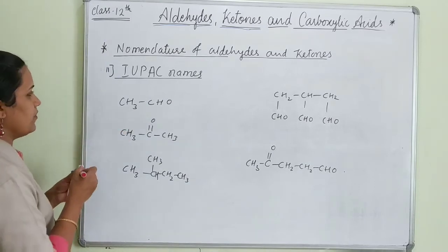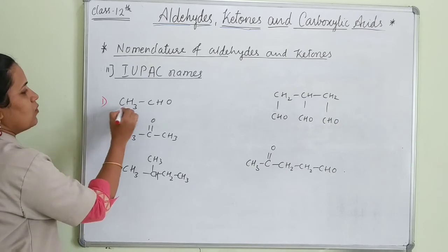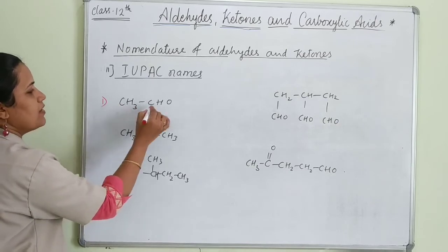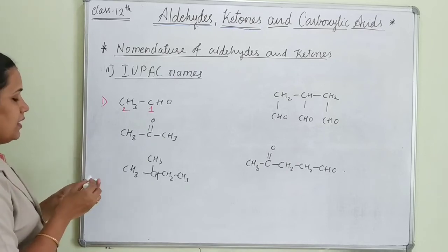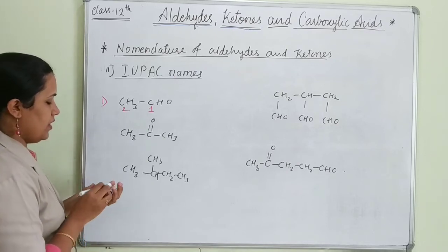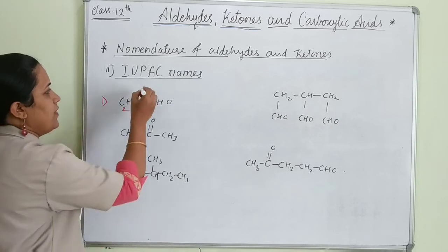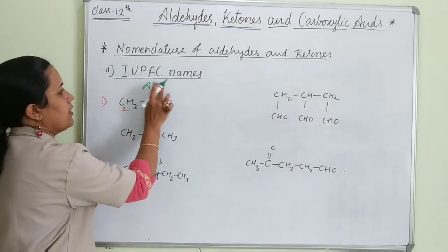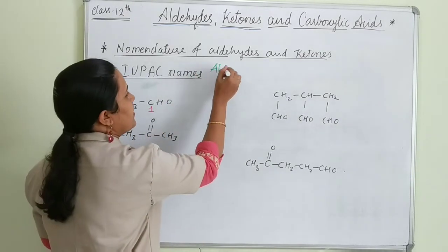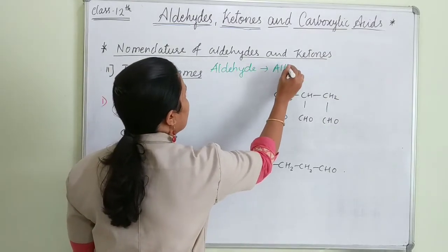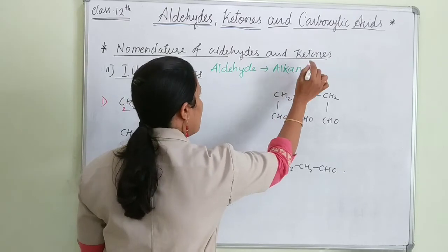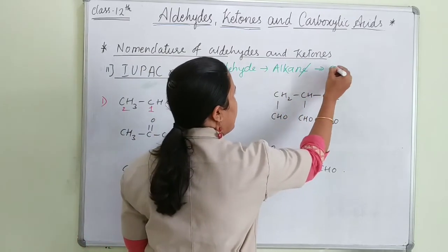I'll be starting with the first. Now it's 1 and 2. We know that we always need to start from here. It's a 2 carbon aldehyde, and we know how we have to write it. If it is an alkane, for aldehyde remove E and add Al.